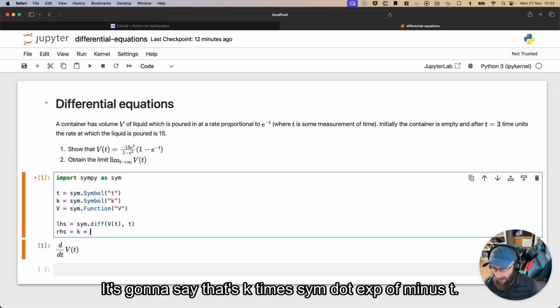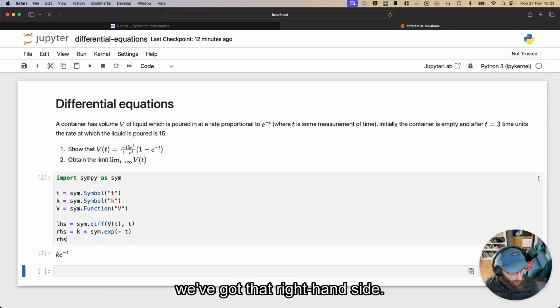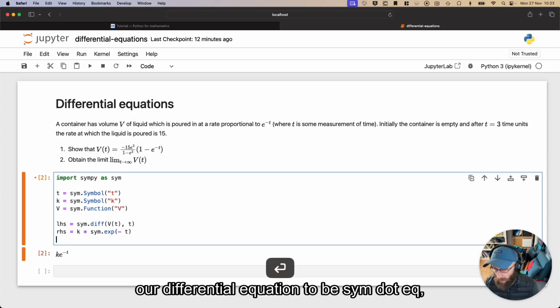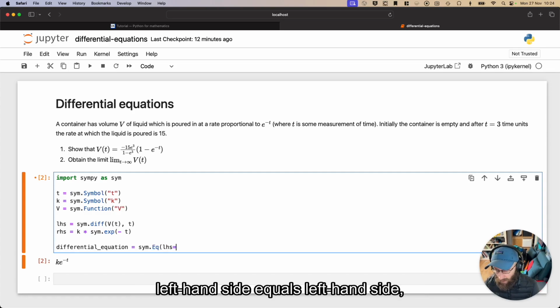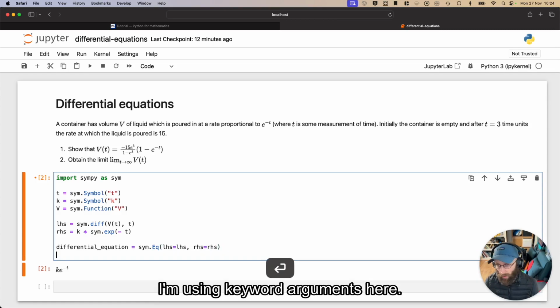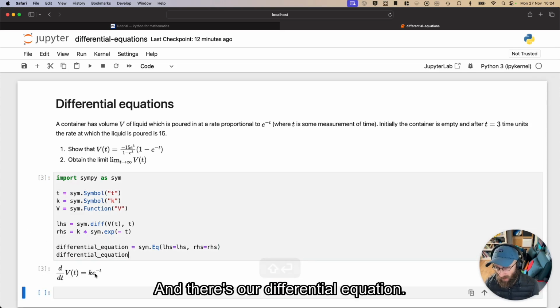So I'm going to say that's k times sim.exp of minus t. At which point we can write down our differential equation as sim.Eq, left-hand side equals left-hand side, and right-hand side equals right-hand side. I'm using keyword arguments here. And there's our differential equation.